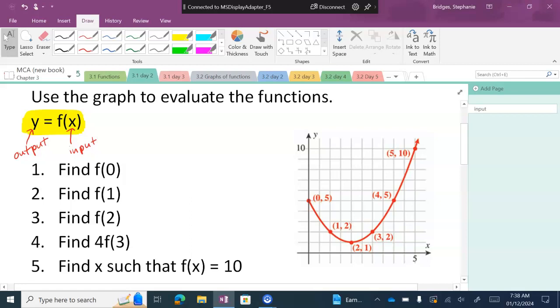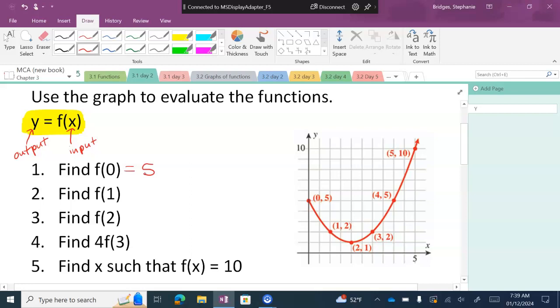So do we see the ordered pair that has an x of 0? What would the y value be then? 5. So guess what f of 0 is? 5. Does that make a little bit of sense?